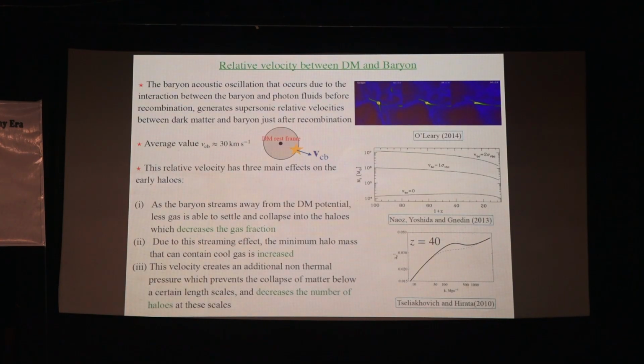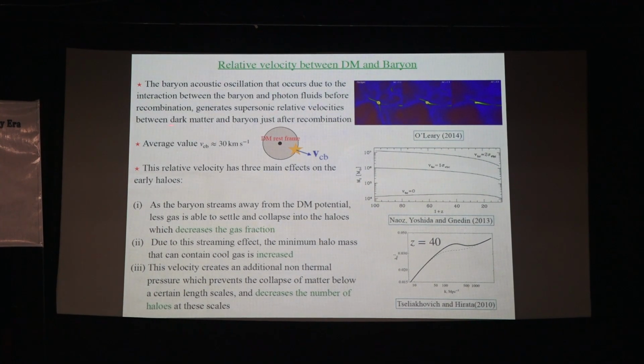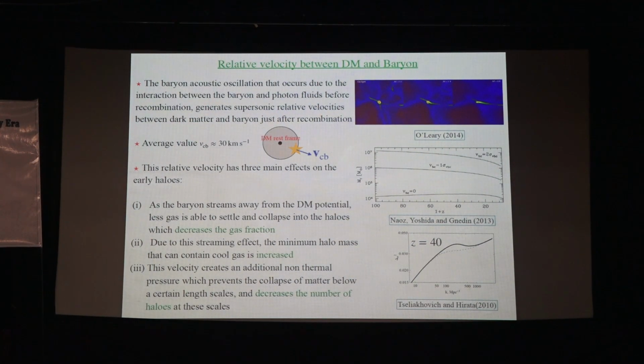The first delaying effect is the relative velocity between the dark matter and baryons. As you know, the baryon acoustic oscillation that occurs due to the interaction between the baryon and photon fluids before recombination generates supersonic relative velocities between dark matter and baryons just after recombination.